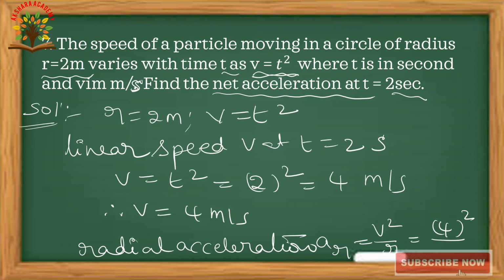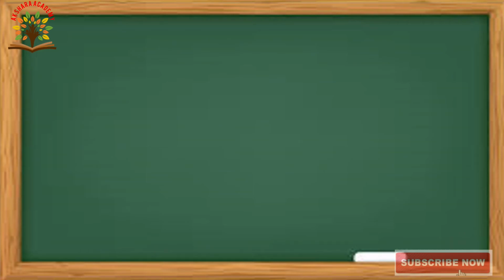So v square is 16 by 2. 2 eights are 16. So the radial acceleration AR is 16 by 2, that is 8 meters per second square.